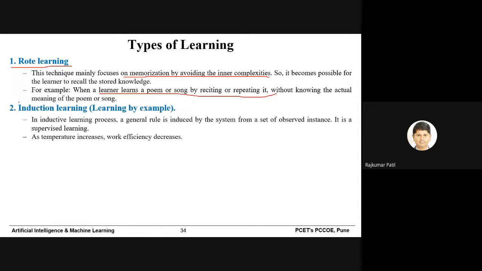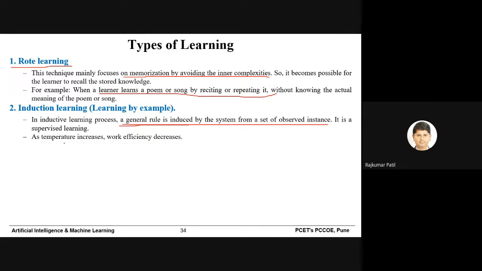Then in the case of inductive learning, or learning by example, a general rule is induced by the system from a set of observed instances, and it is also called supervised learning. Different situations will be given to you, and based on whatever observations come, the system will be ready to make some decisions. For example, as temperature increases, work efficiency decreases.